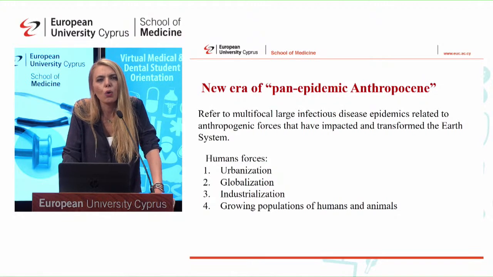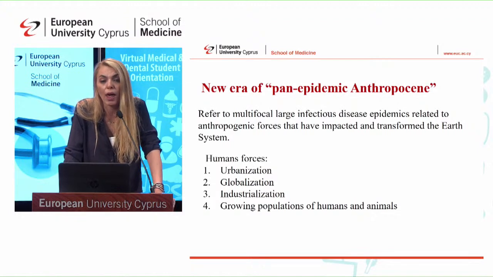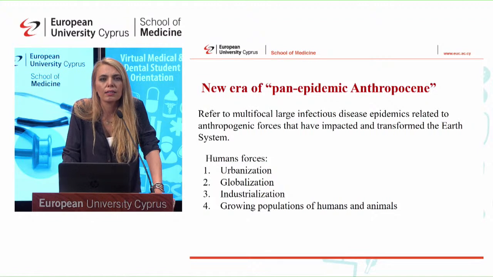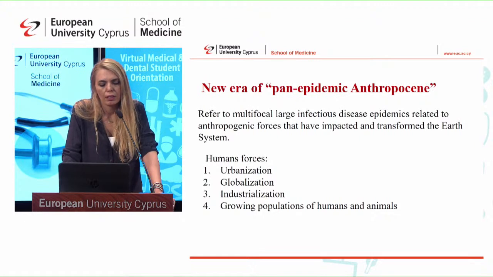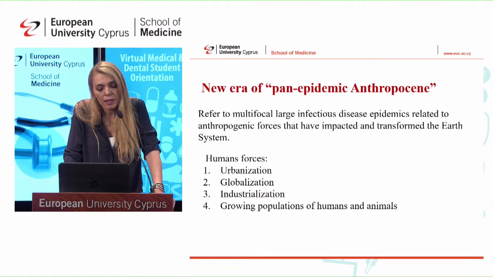It refers to all these kinds of multifocal, large infectious disease epidemics that are related to human forces that have impacted in a way the balance and the homeostasis on Earth. What are these human forces? Again, urbanization, globalization, industrialization, growing population of humans and animals.